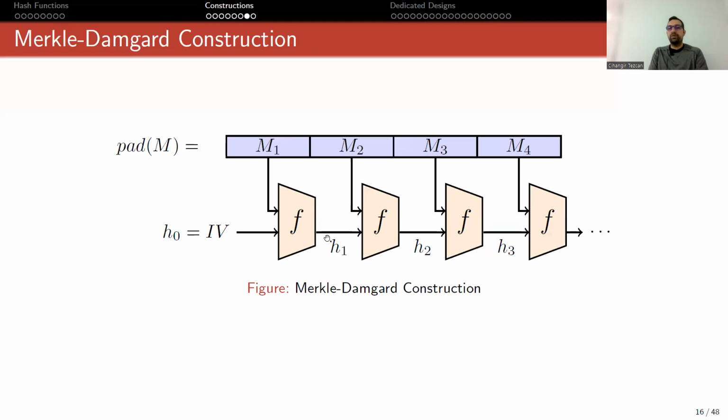So you produce H1. But if you have another message block, you put it here, you do the same, you do the same. So at the end, you produce the hash. Regardless of the size of this message, as you can see, the output is the size of these Hi values, okay? So whenever you hear hash functions like MD5, SHA-1, SHA-2, they are actually this F function, okay?